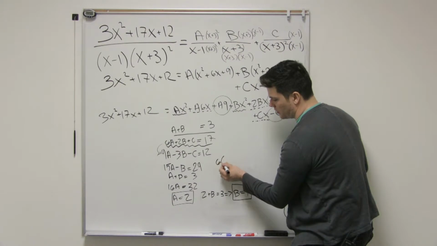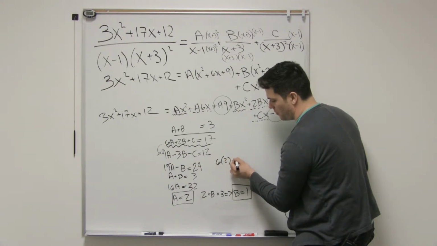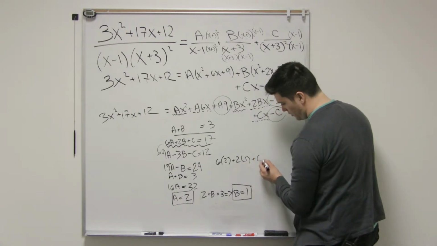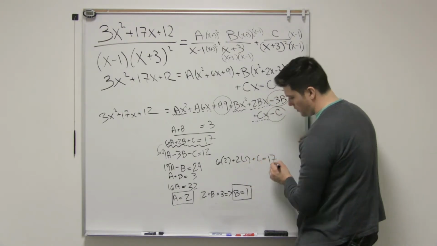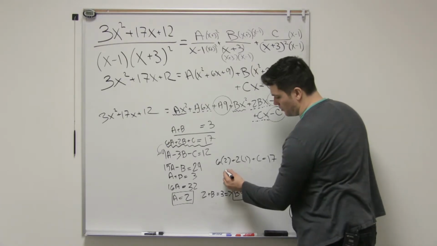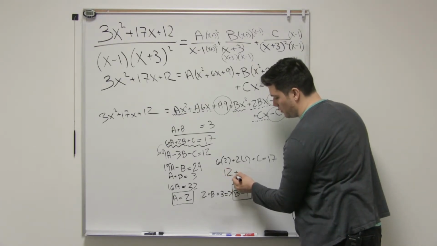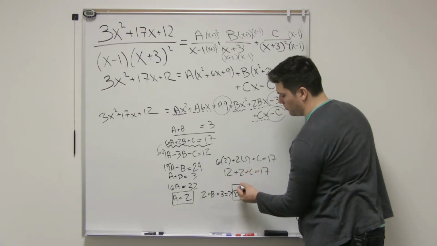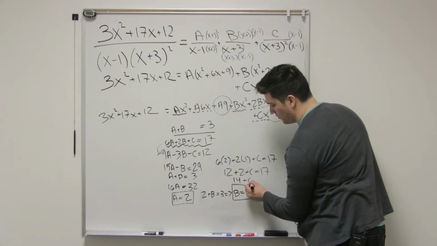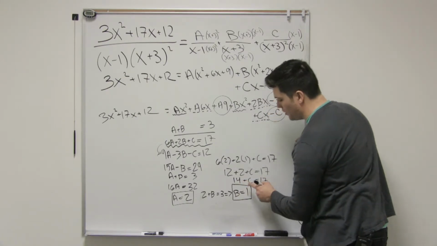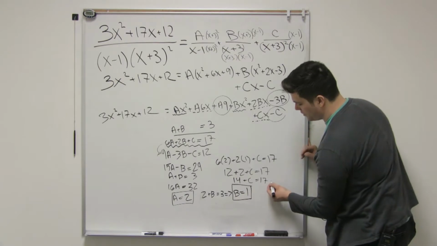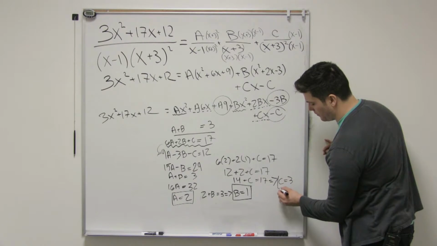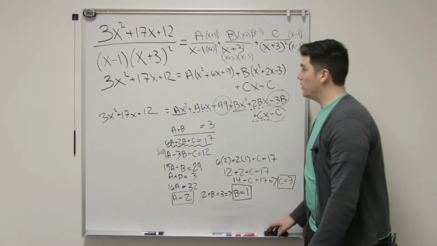We've got 6 times 2 plus 2 times 1 plus c is equal to 17. 6 times 2 is 12, plus 2 plus c is 17. 12 plus 2 is 14, plus c equals 17. Subtract 14 from both sides, and we get c equals 3. How about that?